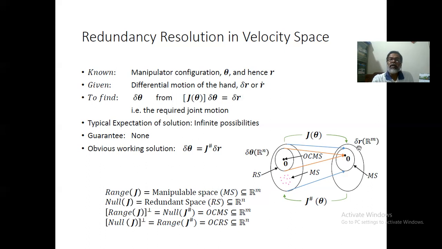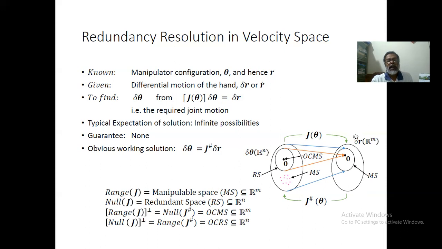That is, all those delta R's which are in the range of the Jacobian, range of J, together construct the manipulable space. That is, in the task space, those velocities which are achievable by some delta theta. In that subspace you can manipulate. In most configurations, this would be the complete space of delta R.